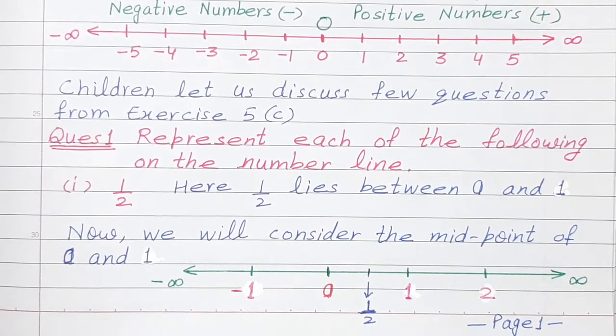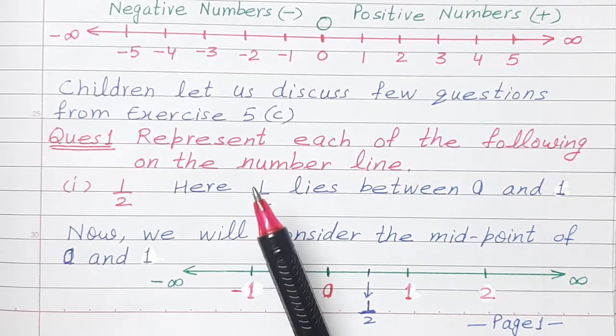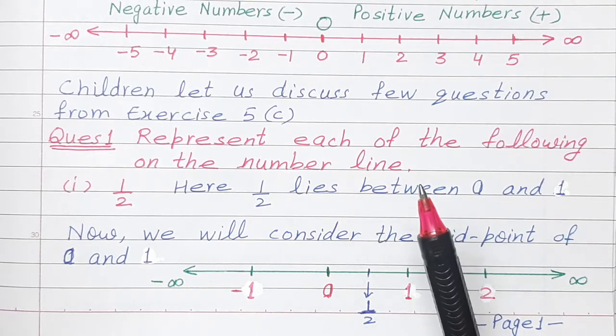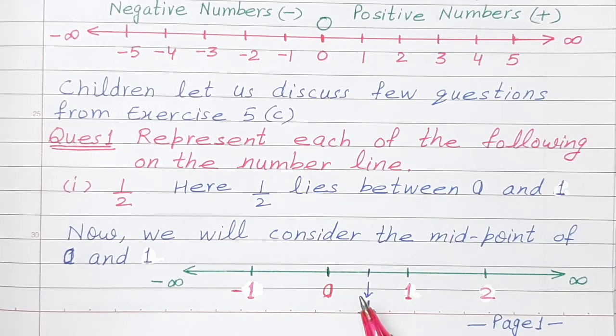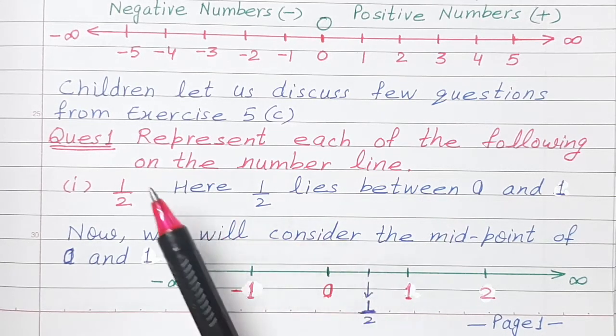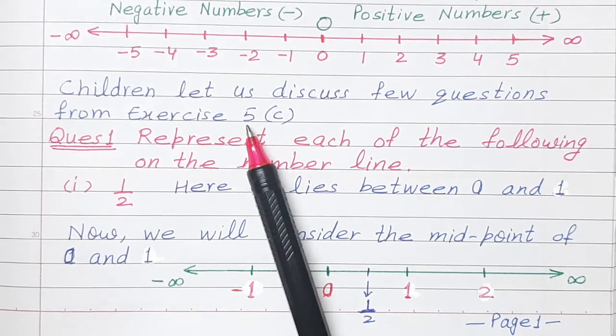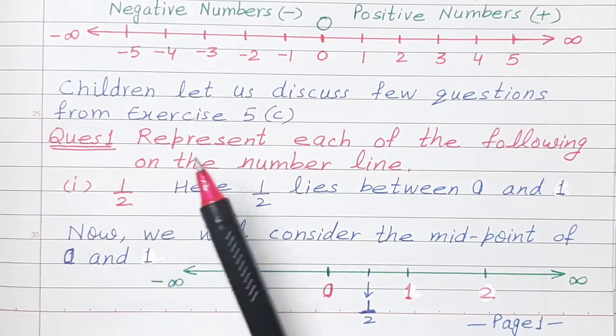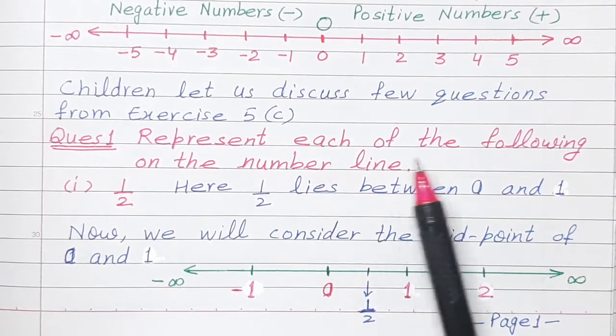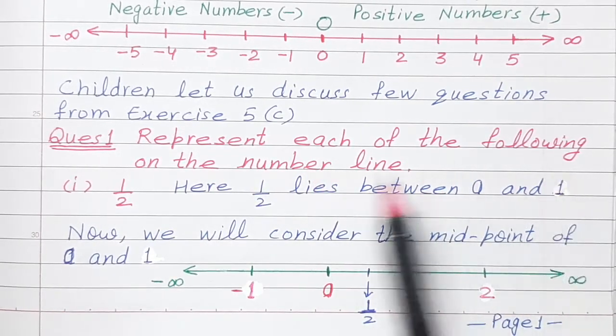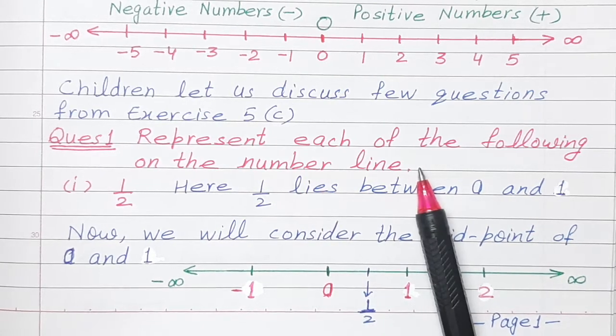Now children, let us learn how to represent the fractions on a number line. So, let us take up a question from exercise 5C. Question number 1. Represent each of the following on the number line.